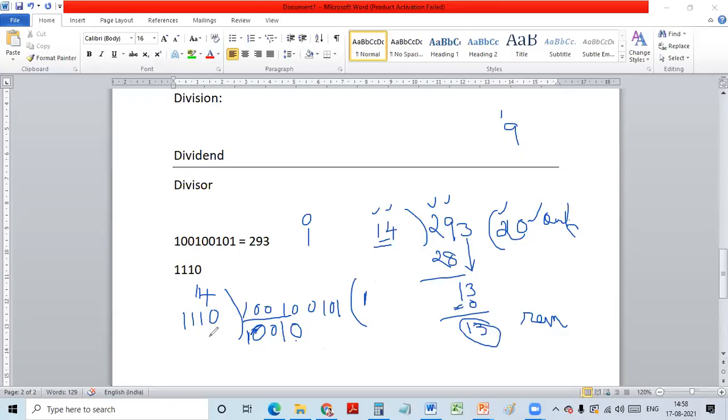How do I write my divisor here? It should start from the leftmost bit. So my divisor has to be shifted right by 1, and then the subtraction has to be carried out. Am I clear? Yes, ma'am.